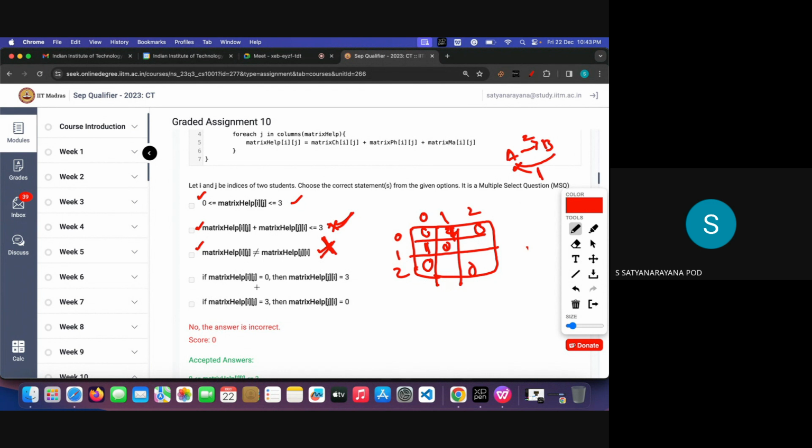The max help of I is equal to 0. That means whenever this condition is 0, if the I to J help is 0, then J to I can be, is it 3? No, maybe. Because I is not helping J, because I is poor in all 3 subjects.